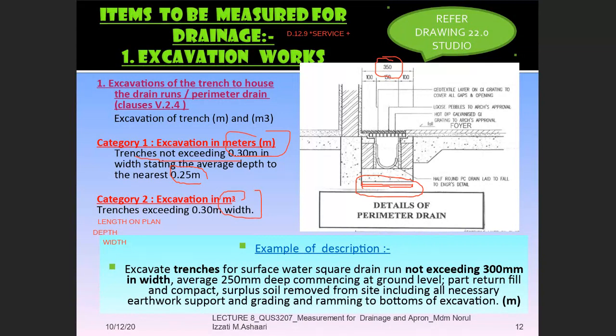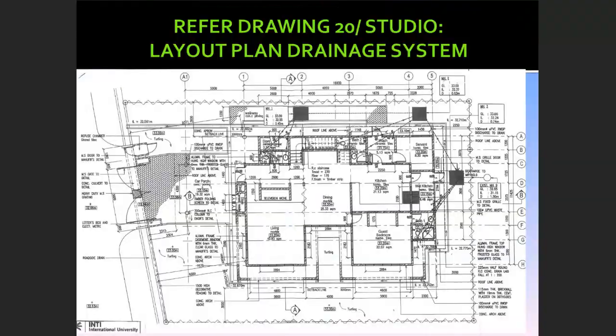Okay, next one. Look at the information given here. The length on plan, you can refer to the layout plan. Everyone, can you refer to drawing number 20? In drawing number 20, you have to look at the layout plan by referring to the perimeter drain. How do you get the information about the perimeter drain?